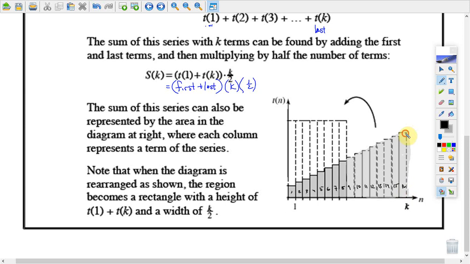Then I'm going to put another series, it's actually the same series, right on top of it. So that this would be 1, 2, 3, 4, 5, 6, 7, 8, 9, 10, 11, 12, 13, 14, 15. I skipped a number somewhere.